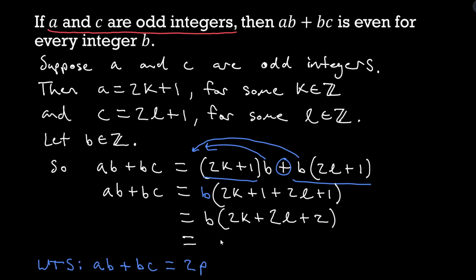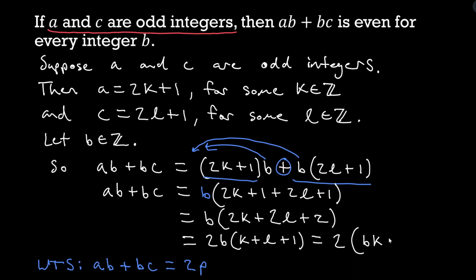And I can put the b back in if I want, because I really want to be explicit about, hey, this is 2 times something. So it turns out that I can put the b back in: bk plus bl plus b. And I'm sure there were different ways to do this. There may have even been an easier way. This is just the way I thought of.